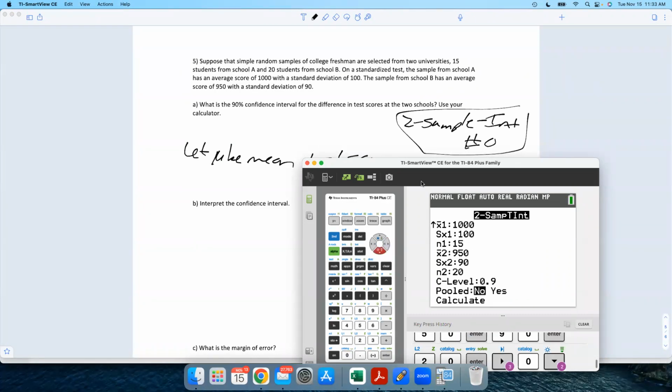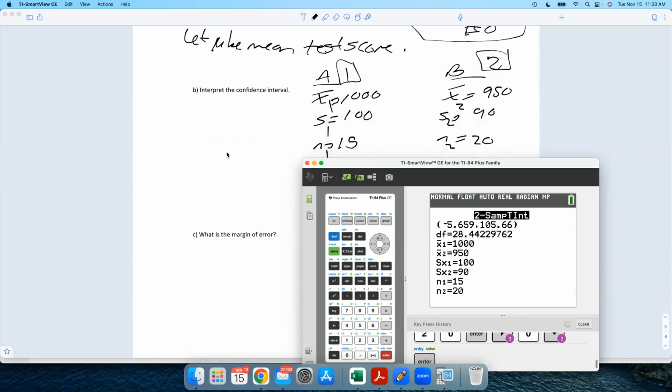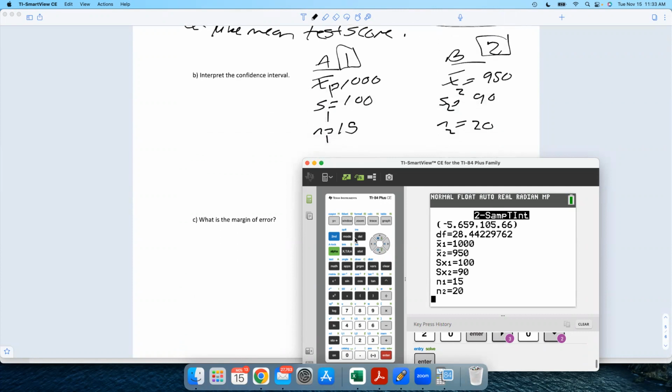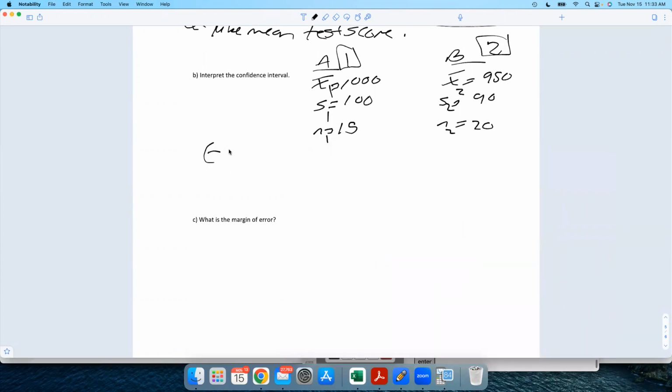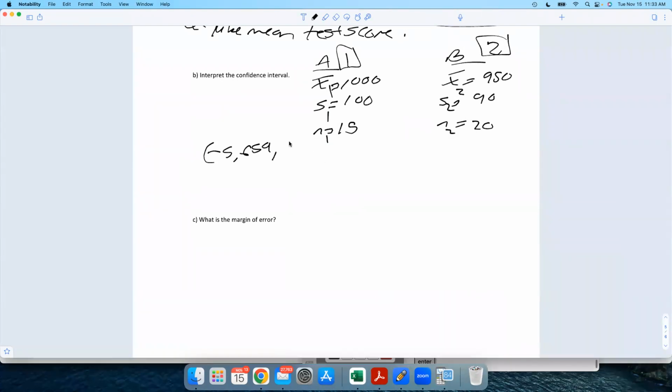I can always say no on pooled, hit calculate, and there's my interval. -5.659, comma, 105.66. So there's the interval. Now we got to figure out how to interpret that.